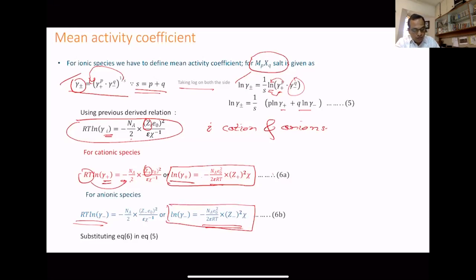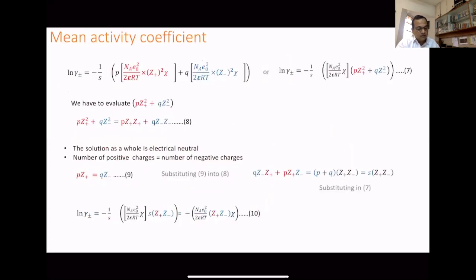Substitute this quantity into this equation now. Here I have to substitute this ln gamma plus into this equation and ln gamma minus into this equation. If I do that, what I get is ln gamma plus or minus equal to 1 upon s.